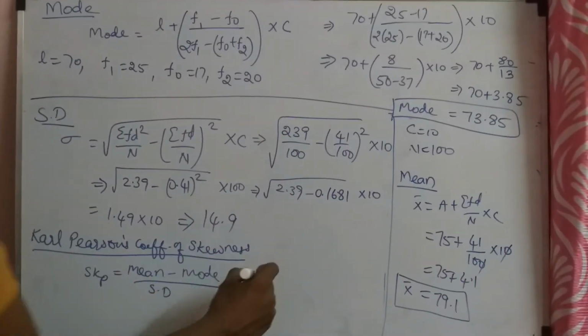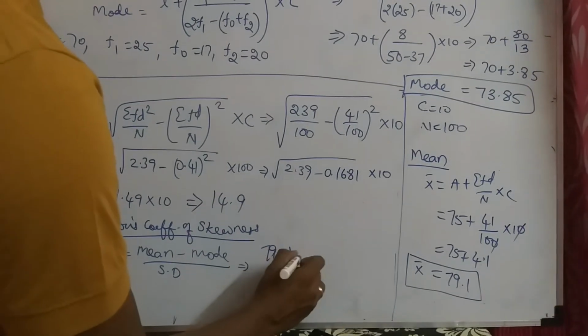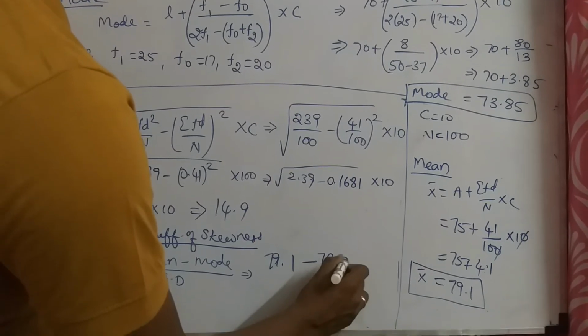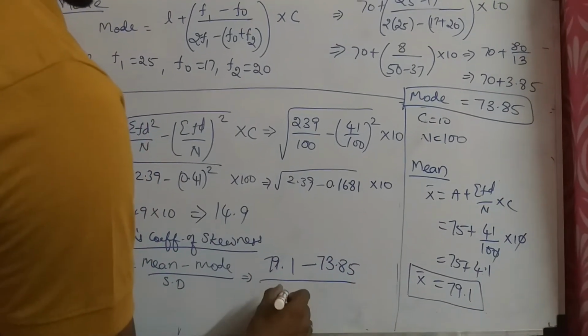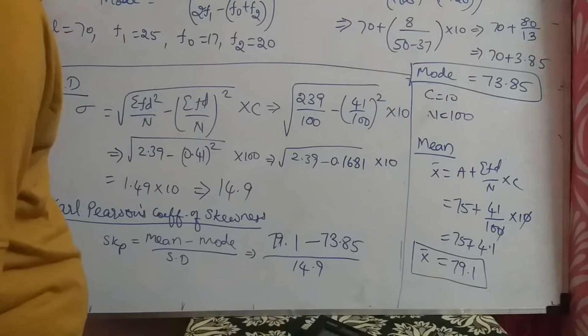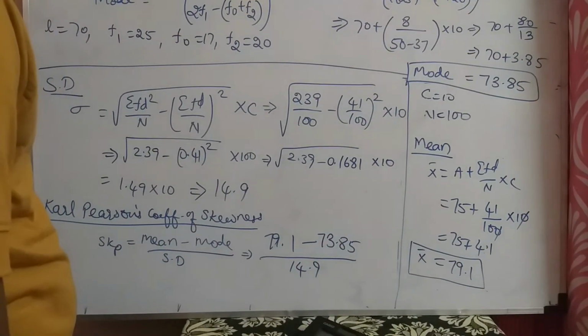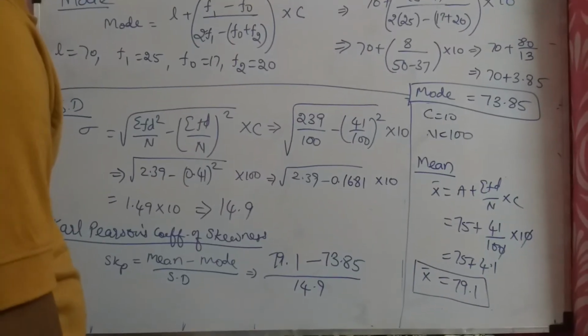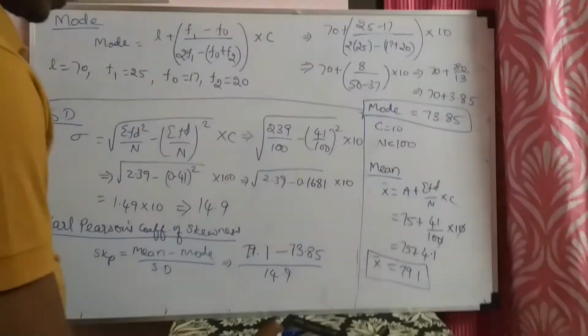So the mean value is 79.1 minus 73.85 for the mode, divided by the standard deviation 14.9. Next, 79.1 minus 73.85, the value is 5.25.